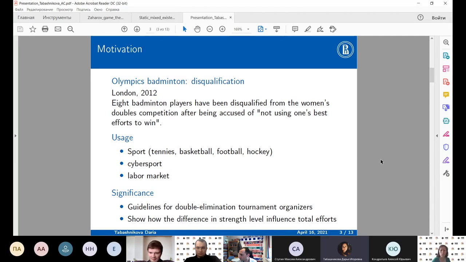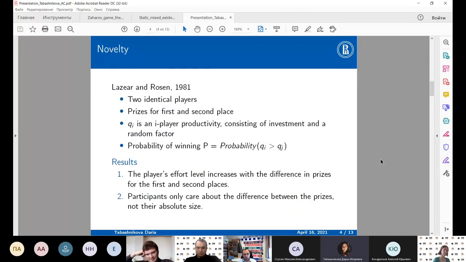So our goals were to make something like guidelines for tournament designers, and to show how differences in strength level influence total efforts, which can be an approximation of the entertainment level that the tournament organizer maximizes. Can you go to the next slide?